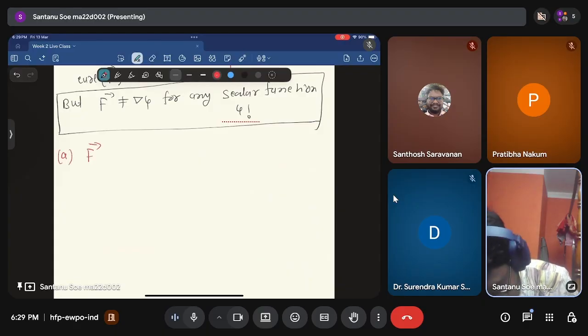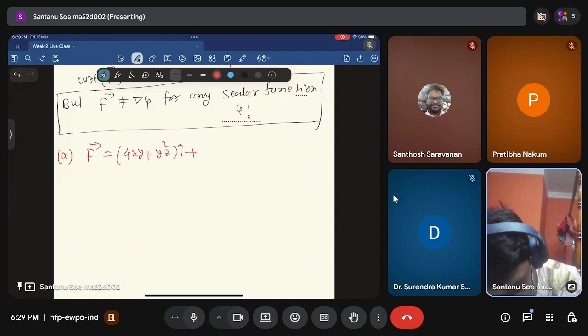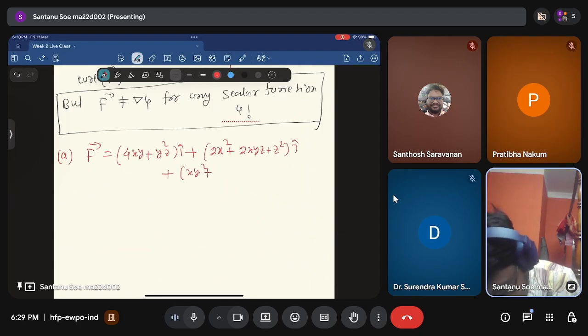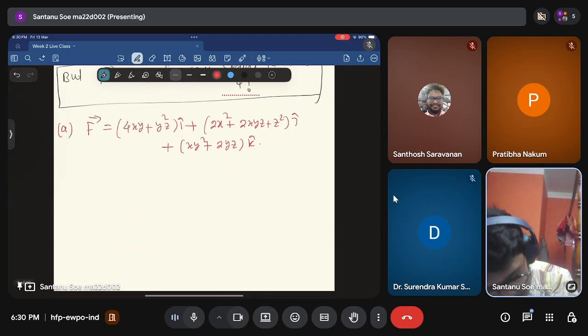F bar equals (4xy plus y square z) i cap plus (2x square plus 2xyz plus z square) j cap plus (xy square plus 2yz) k cap. Okay. So now we're going to try to find the curl of f, which is gradient cross f.